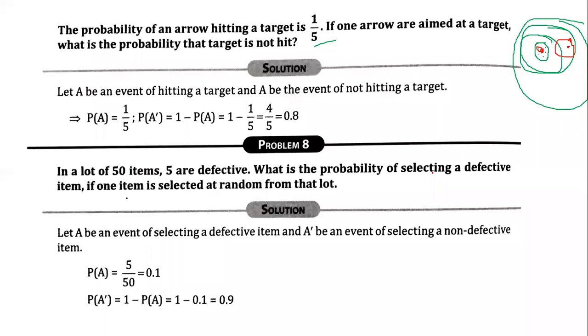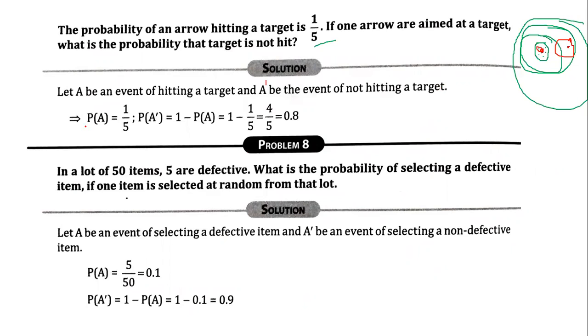Okay, now in this case we will be using the transpose. So let A be an event of hitting a target and A dash be an event of not hitting a target. So if I say A is an event of hitting a target, then A dash, that is the transpose, will be the event of not hitting the target.